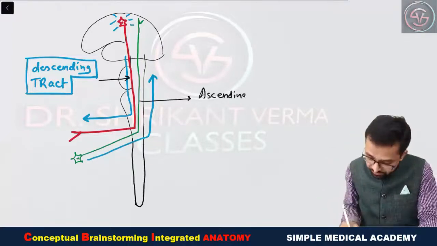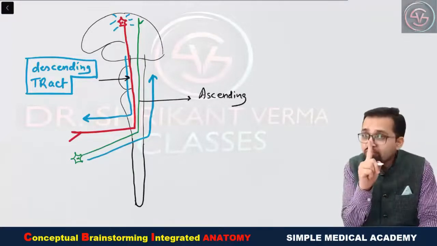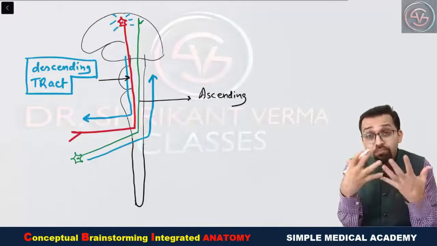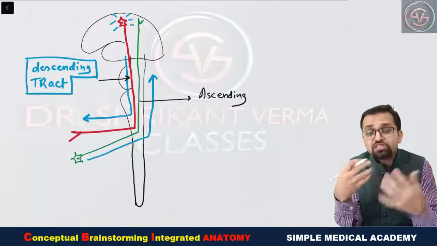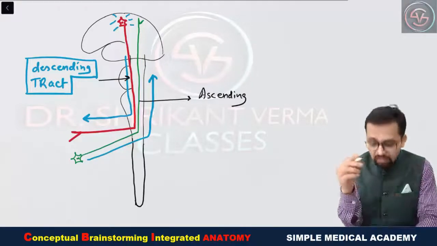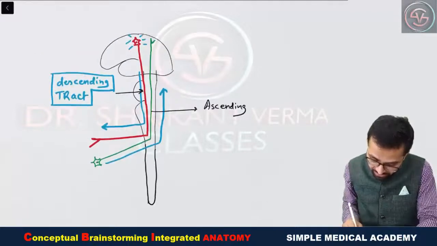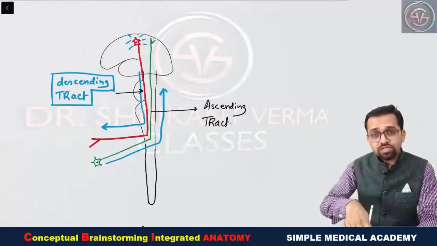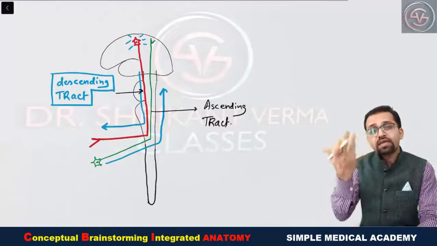Here in diagram we have shown one axon, one nerve fiber, but actually there are many bundles. Yes, millions, billions, trillions of the axons are there. So that collection of the axon will be known as the tract. So this is the descending and as well as ascending tract. Are you getting? If the bundle of axons are coming from above to the down, descending tract. If bundle of axons are running from down to the above, ascending tract.